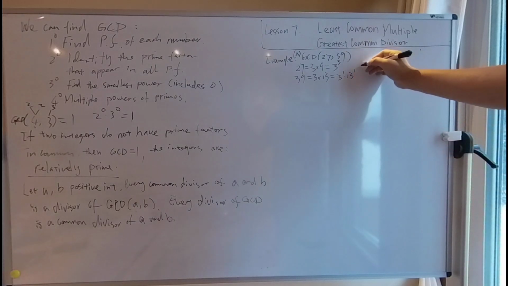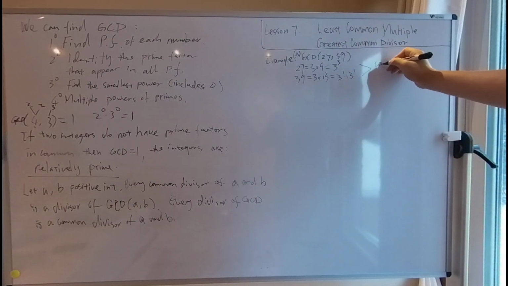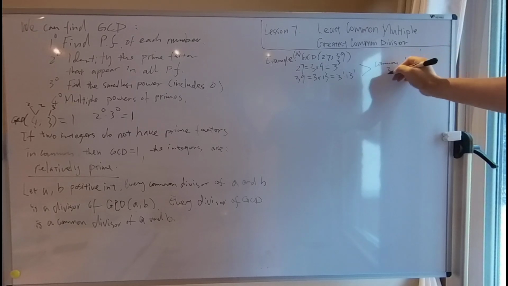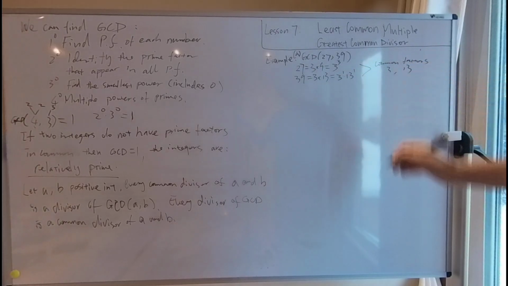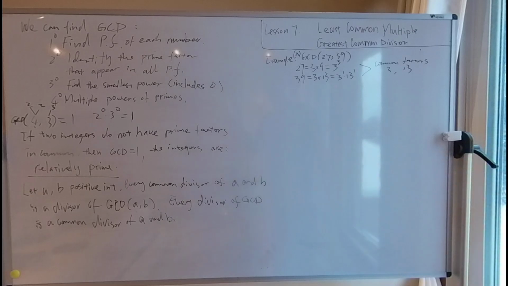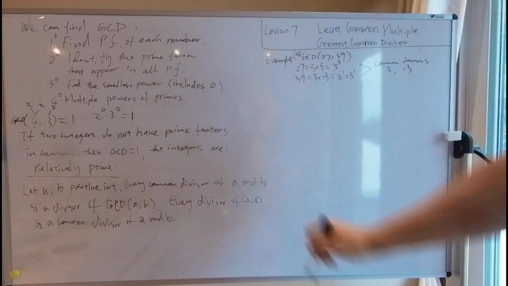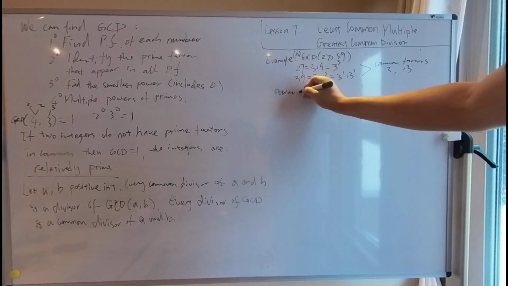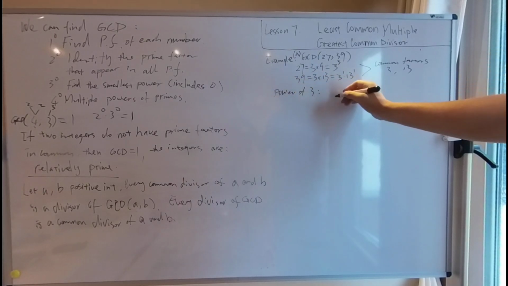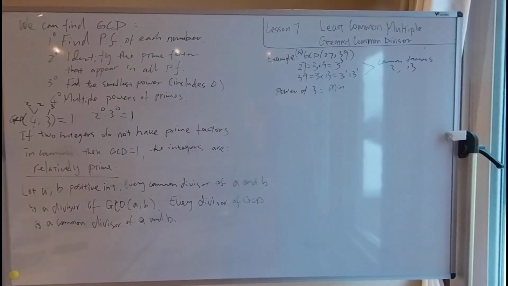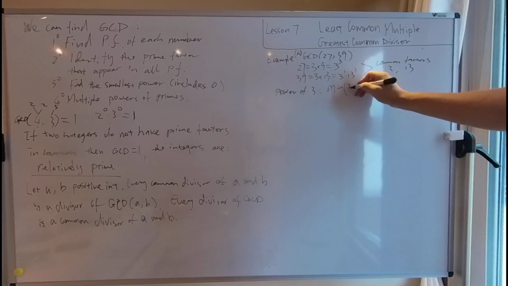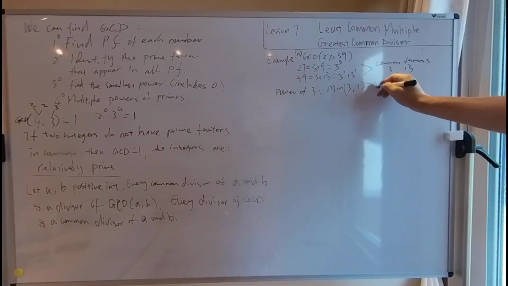So then the common factors are 3 and 13. And then I'm looking for the smallest power. So the power of 3 would be the minimum of 3 and 1, which is 1.